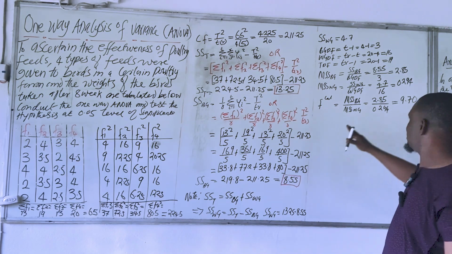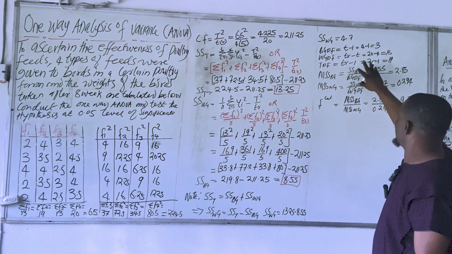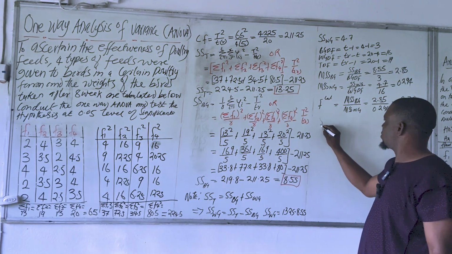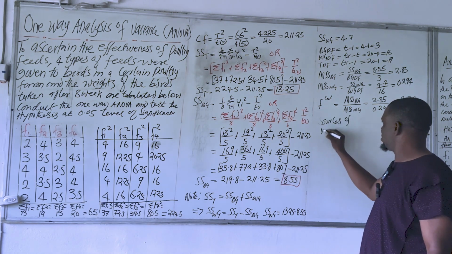Okay, after calculating our F value, we'll have to give the summary table which summarizes all of this result. So we'll start with what I want to call our sources of variation.